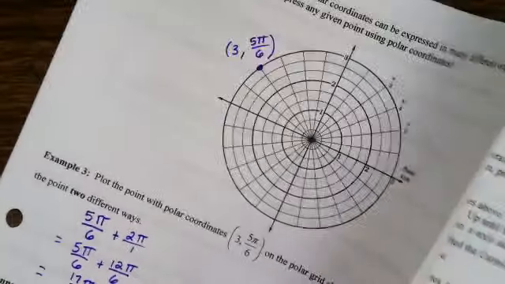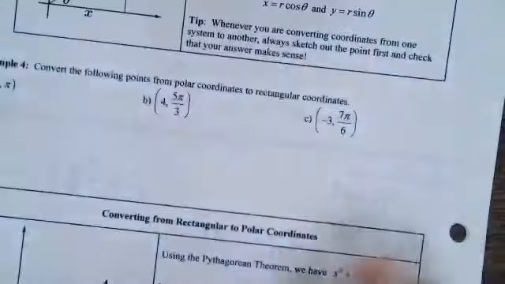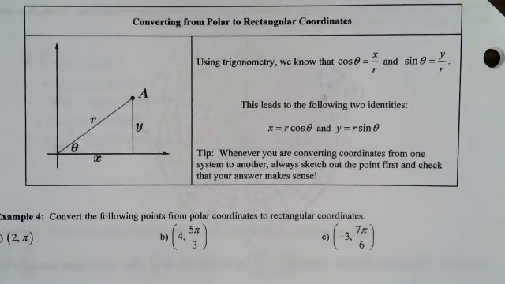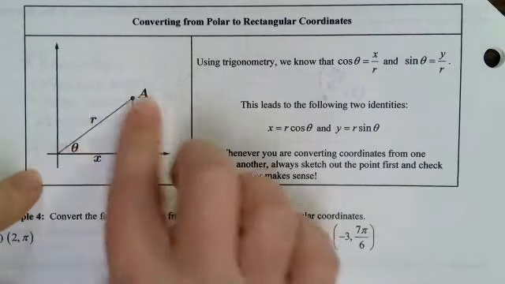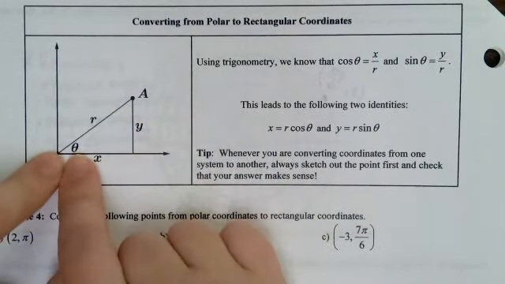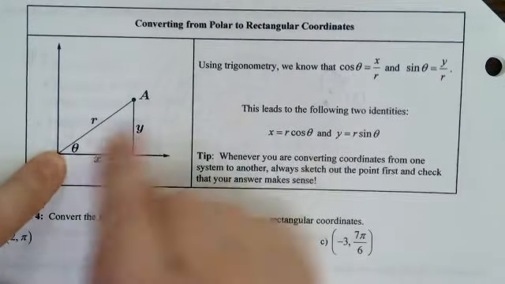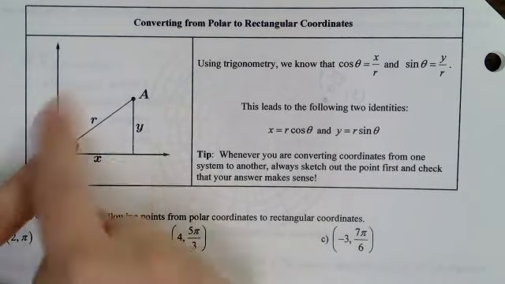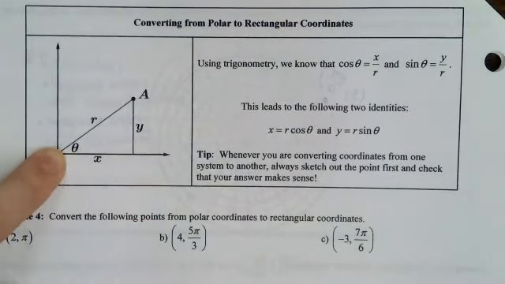Let's go to the next page of our packet, and you will see our first relationship. This first box says we are converting from polar to rectangular coordinates. Based on all the information we know about this scenario, I can compare and relate different sides to each other.